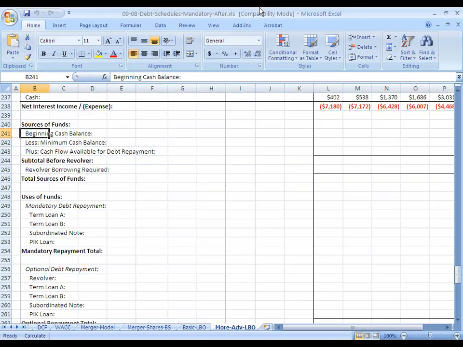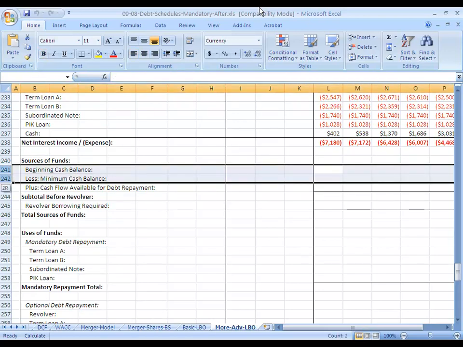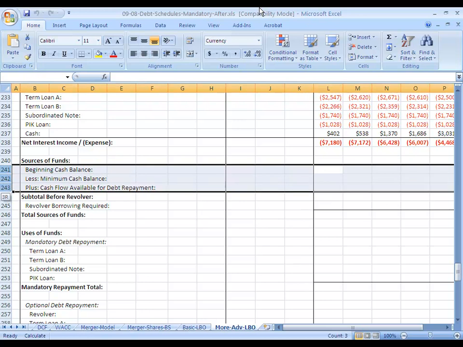So to see how this model works, let's first calculate the cash flow that's available for debt repayment here. Remember that the way we do this is we look at our beginning cash balance, we subtract the minimum that we always need, and then we add the cash flow generated during the year that we can actually put toward our debt repayment.